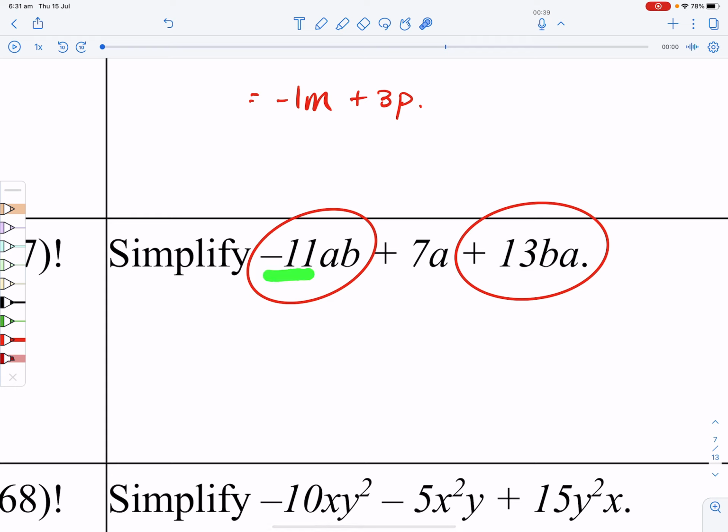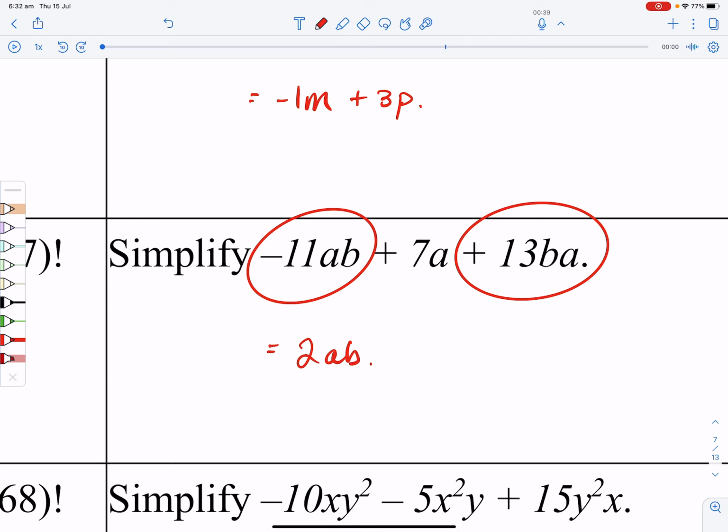Minus 11, remember here you're collecting. You're taking the terms from different parts and you're collecting them together. Minus 11 plus 13 is 2. In other words, minus 11ab plus 13ab is 2ab. So of course, I'm going to write down 2ab.